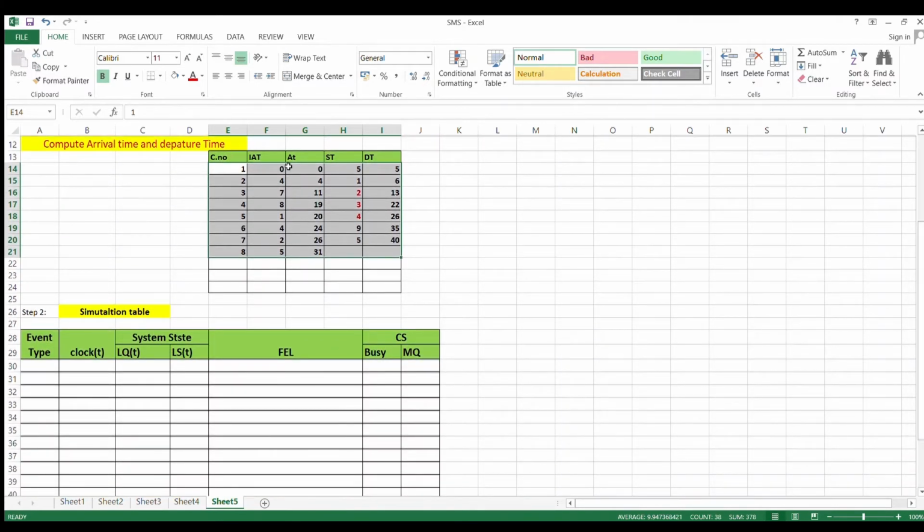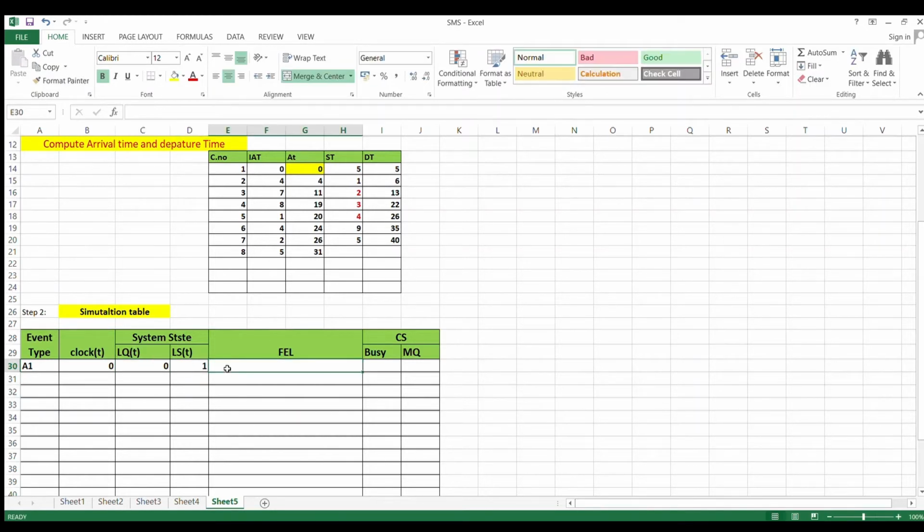So the first arrival time was 0. I will write arrival time 0. Event type is arrival of the first customer. So the first customer directly moves to service, so 1. There is no customer in the queue, 0.